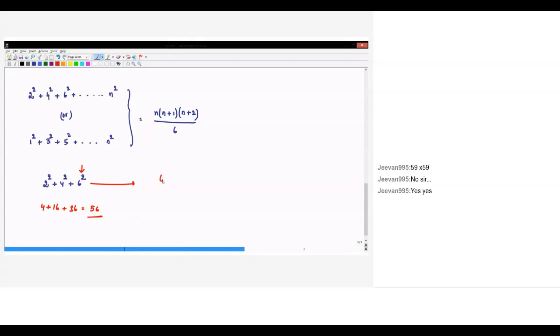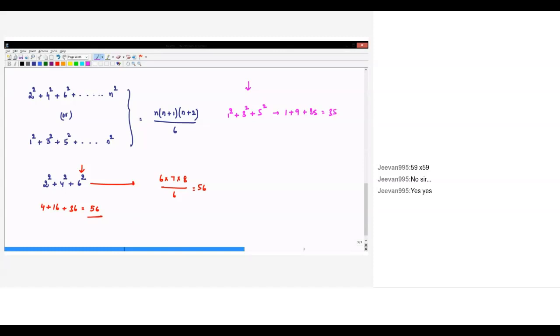Substitute it. 6 into 7 into 8 by 6. 1 square plus 3 square plus 5 square is 35.